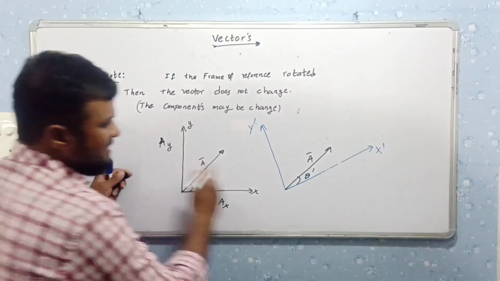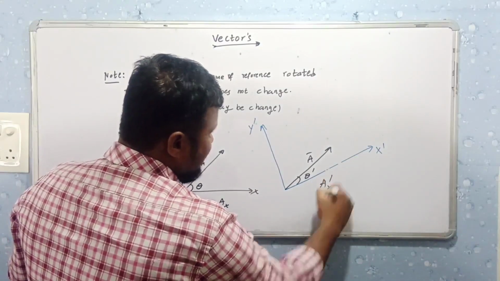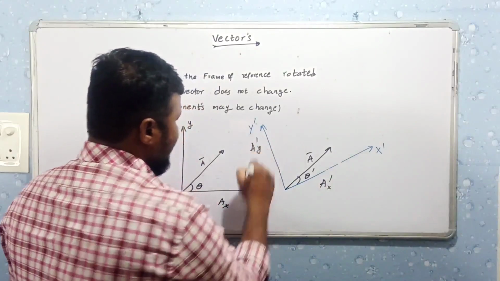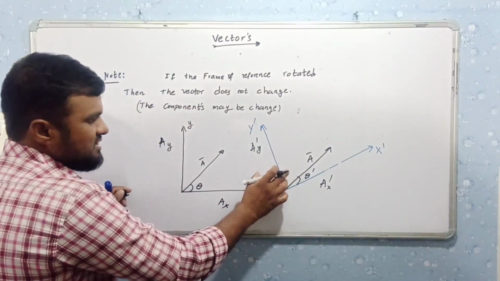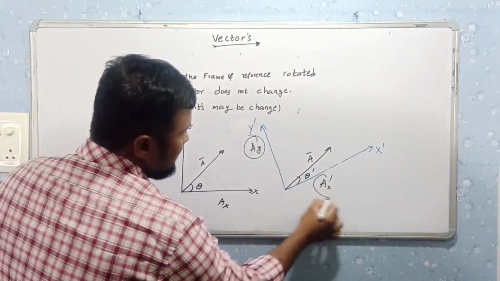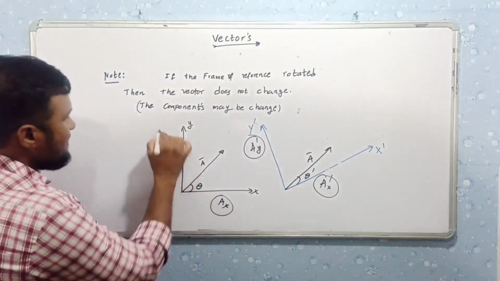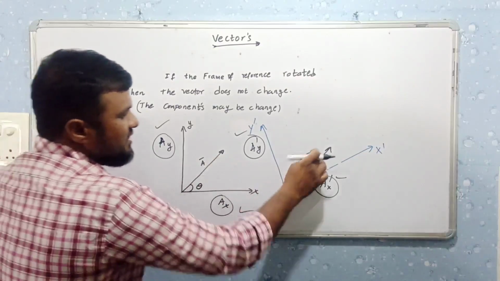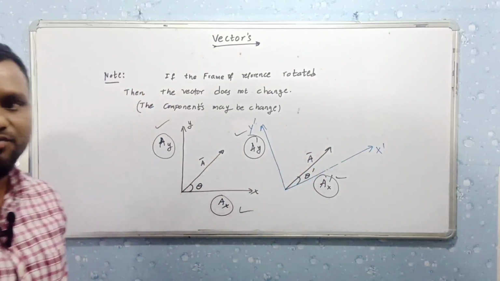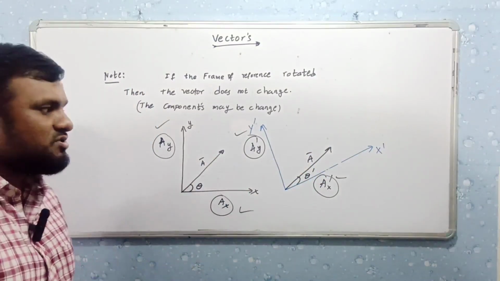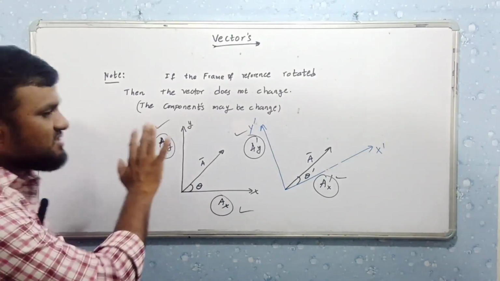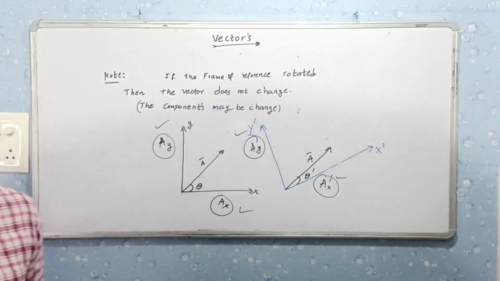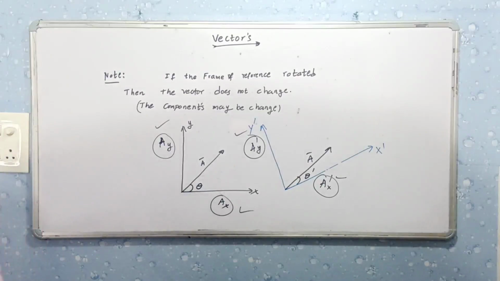The components ax, ay become ax dash, ay dash. After rotating, the components are changed, but the vector direction remains the same. On the basis of this we will do one example so that we will get clarity.